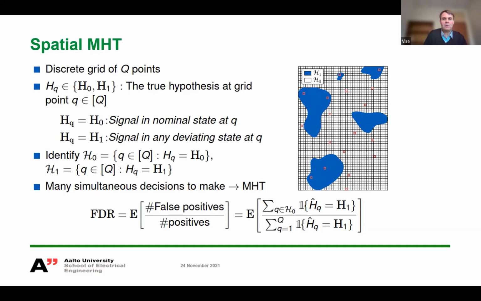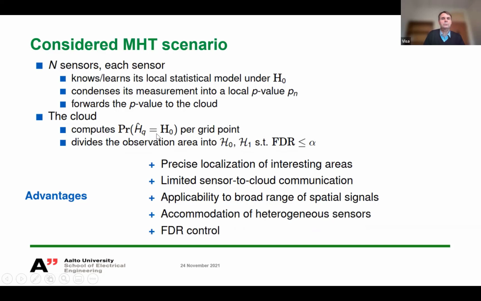There are many reasons for these changes, and therefore we use this multiple hypothesis testing approach and try to control the proportion of false positives to all positives. So we assume that we have n sensors here, and each sensor will learn its local statistical model under H null.